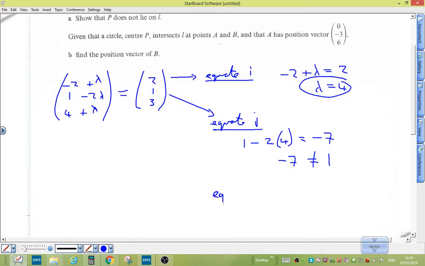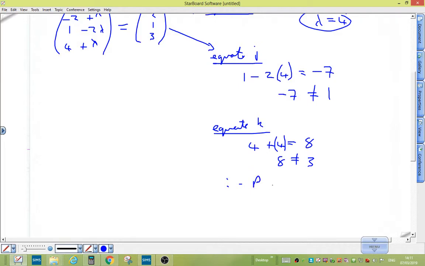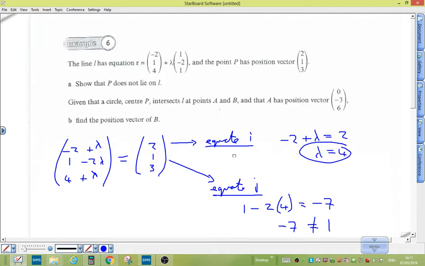Then equate k, and you end up with 4 plus lambda is equal to 3, and with lambda replaced with 4, you end up with 8, and you'd say 8 does not equal 3. So therefore P doesn't lie on the line. Okay, next bit.